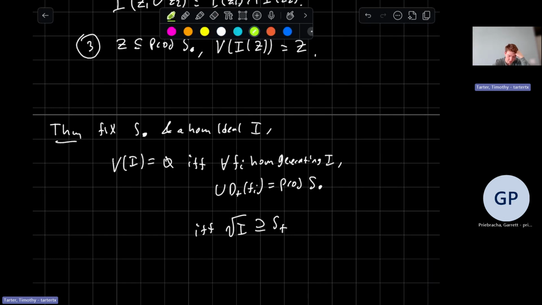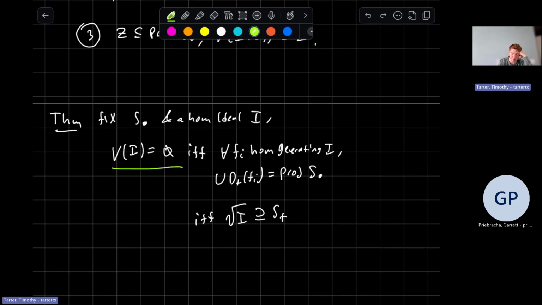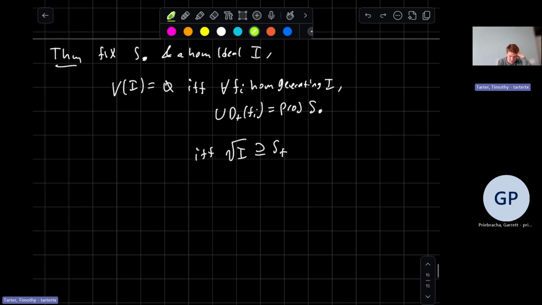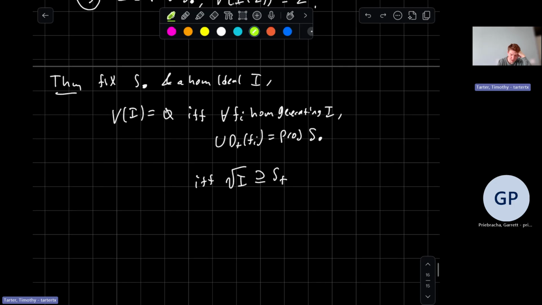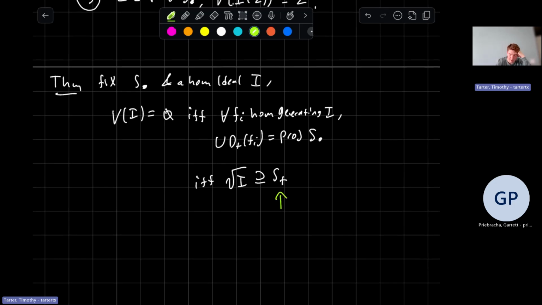Specifically focusing in on the second one, because I think 2 implies 1 and 1 implies 2 are the simplest to see. If it doesn't vanish everywhere across all of your homogeneous generating polynomials, then it vanishes nowhere, and vice versa. So I think this makes a lot of sense, but this is kind of the idea on why this is irrelevant, because it implies not vanishing.